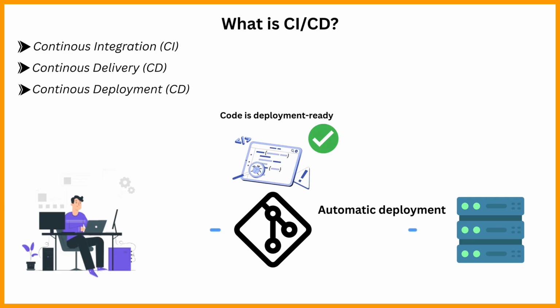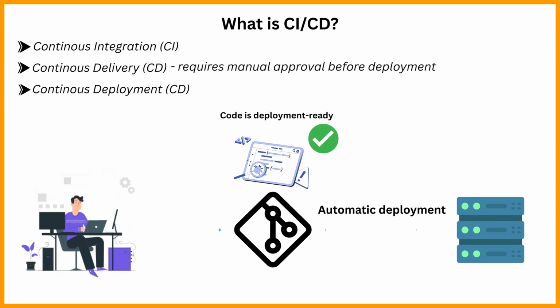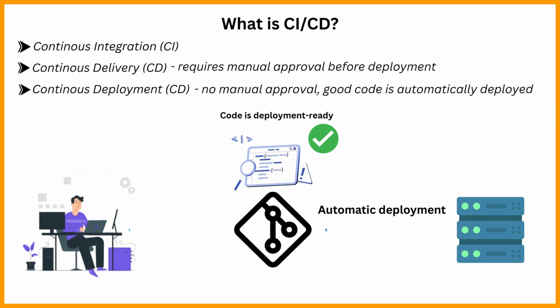The key difference between continuous delivery and continuous deployment is that continuous delivery requires manual approval before release to production, while continuous deployment automatically deploys code that passes all tests straight to production with no manual intervention at all.